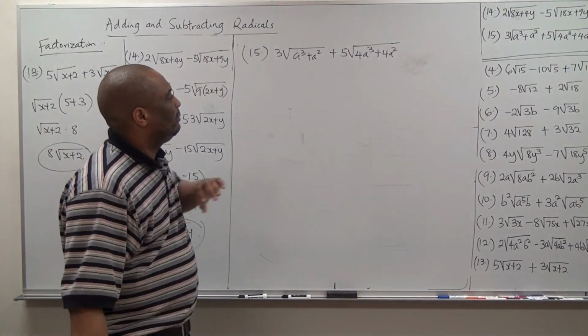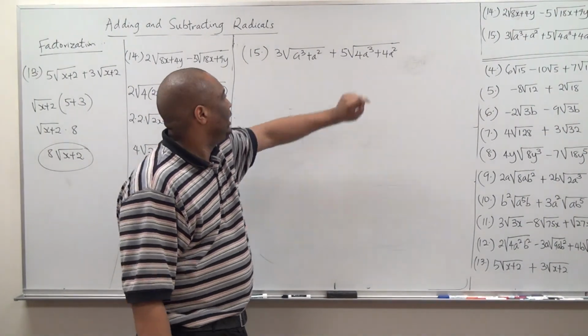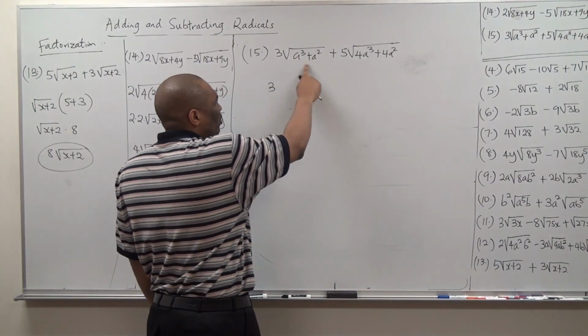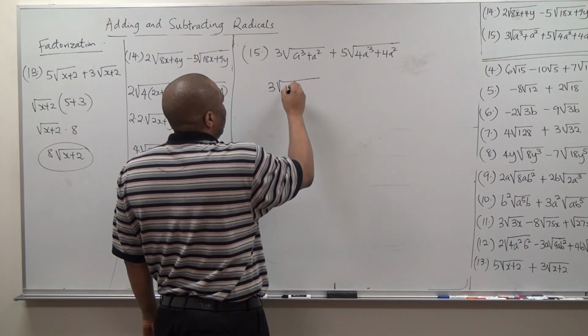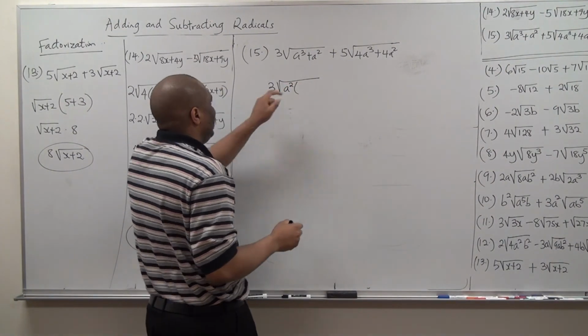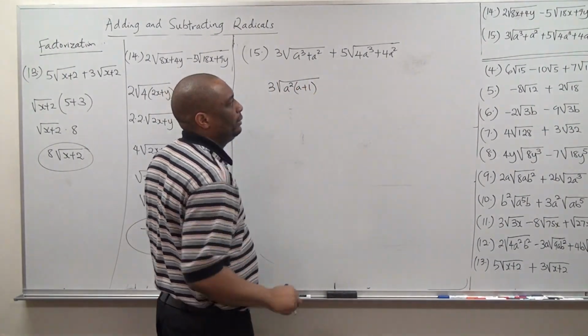Okay, we can still simplify. We can factor out 4 in this radical. So this is 3, but now this we can still factor out something here. Okay, this is square root of a squared into a plus 1, since a cubed divided by a squared is a.